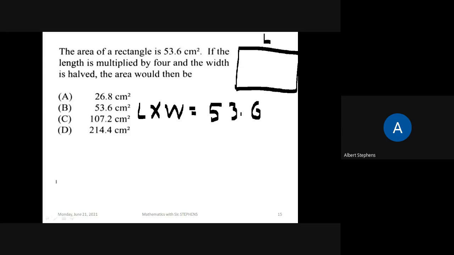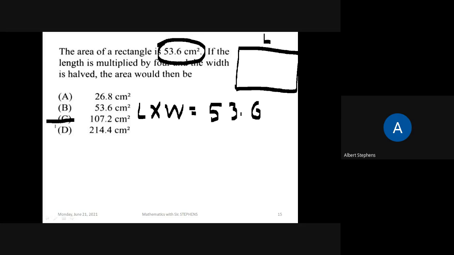Why? Oh, shucks, I made a mistake. It says multiply by 4 and then you divide it by 2. So multiply this number by 4 and divide it by 2, you'll get C. By the way, that's a layman way of doing it. That's not how you're supposed to actually figure it out.